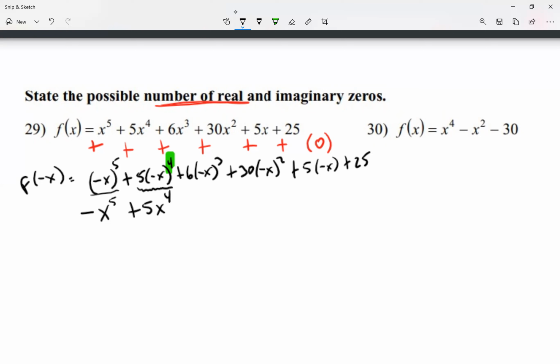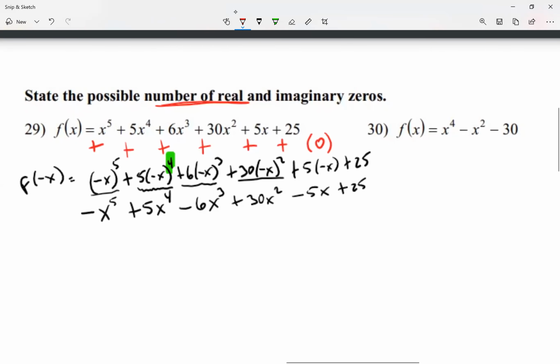When my exponent is even, the negative becomes positive. So now on the third term, my exponent is odd, so my negative stays. Here, my exponent is even, so it becomes positive 30x squared. And then minus 5x plus 25.